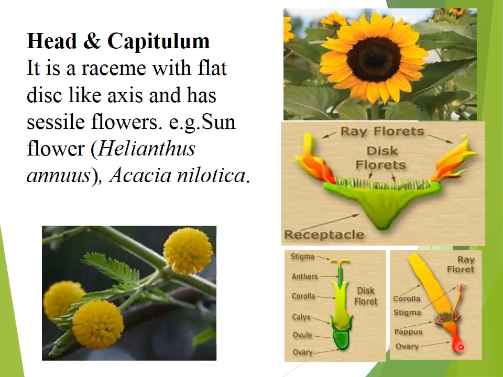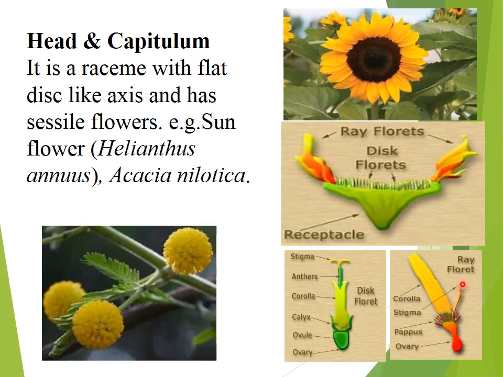Five petals combined together form the corolla, gamopetalous condition, and a ligulate corolla is present. And this one is the female gynoecium, containing carpel, stigma, style, ovary, and the pappus is there, pappus being a modification of calyx. Whereas the disc floret is a bisexual flower. It contains male and female reproductive parts within the same flower.